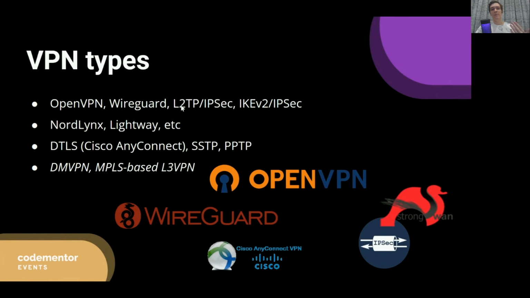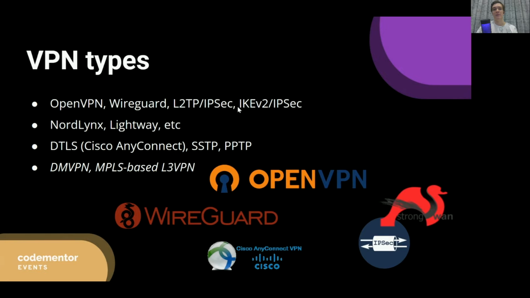So that's why you have to know IPsec and how to connect to it if you are about to work as an IT engineer or network engineer, because it was used for two decades, and it's still used now as well.